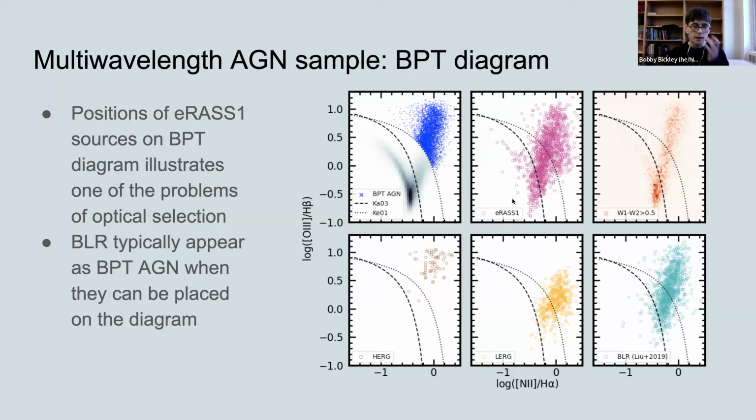What's interesting here is that many of the X-ray AGN appear as composite galaxies on this diagram, and many of them appear as star forming as well.